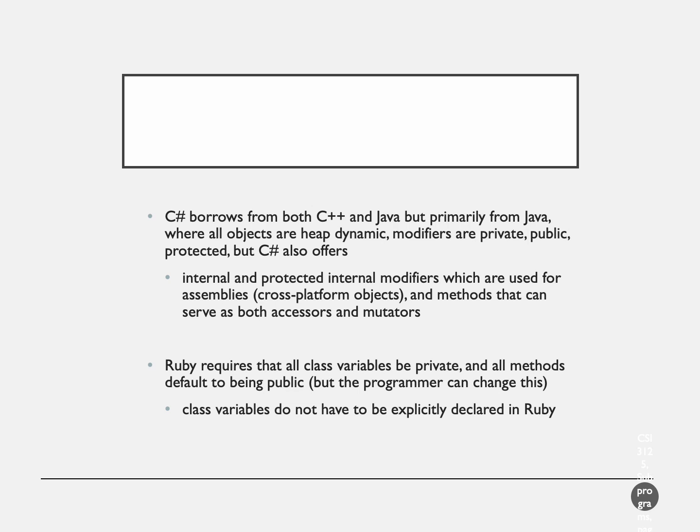As for Ruby, it's more dynamic. All class variables are private by default, while methods are public unless specified otherwise. Interestingly, Ruby doesn't require explicit variable declarations. You just use them as needed.